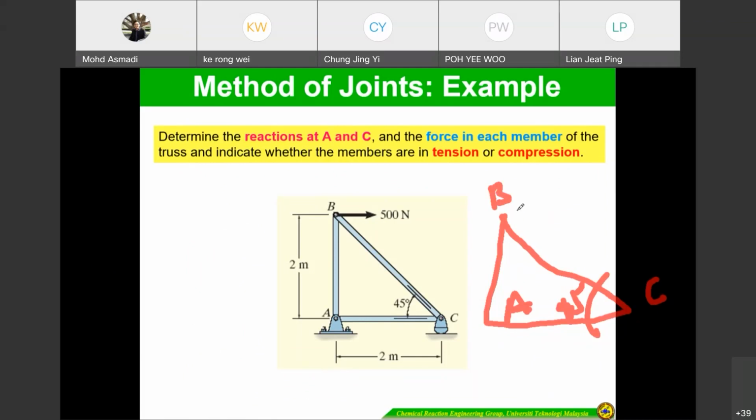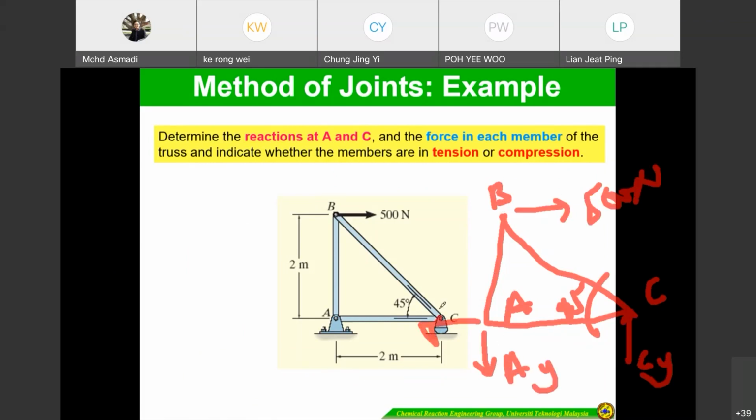Point B has 500 Newton. This one is C, CY. This is the whole free body diagram, so that you can predict the number of unknowns and knowns. This one is force AY and AX. And the distance: if you look at here, there's a distance.